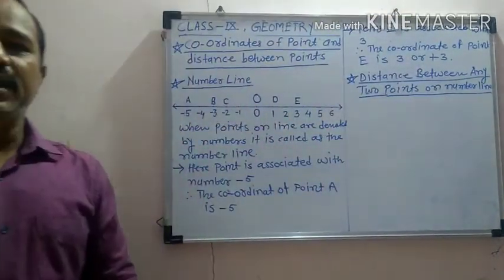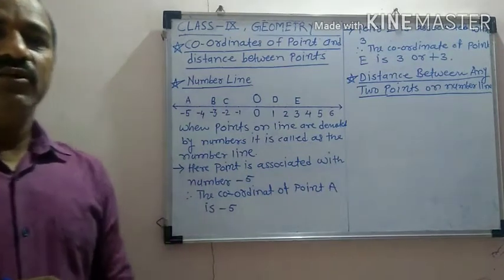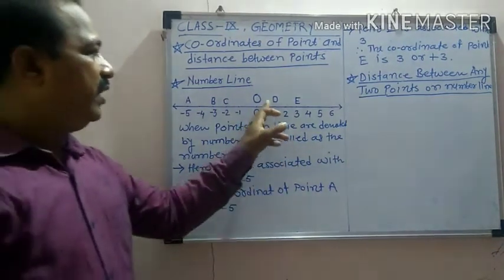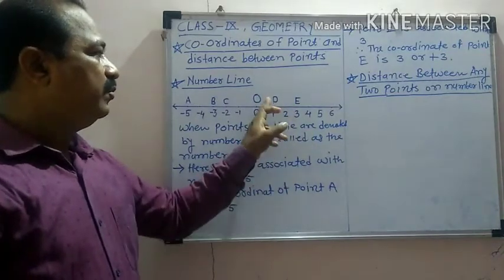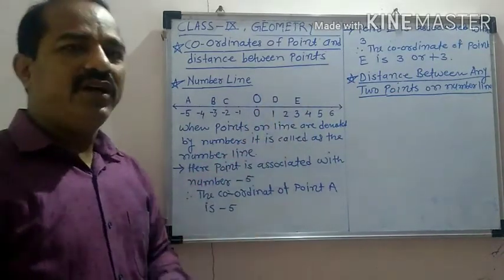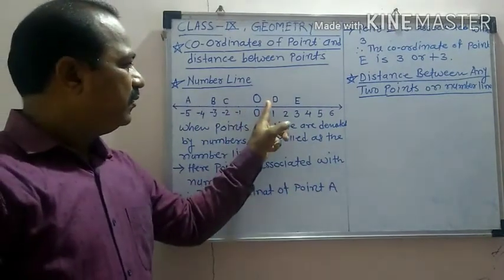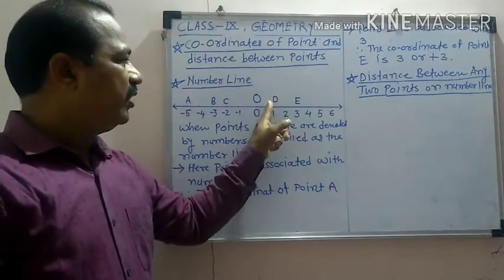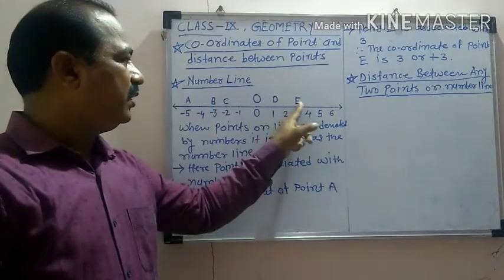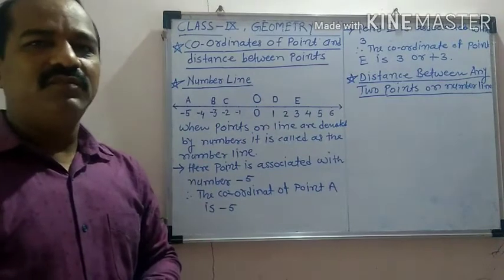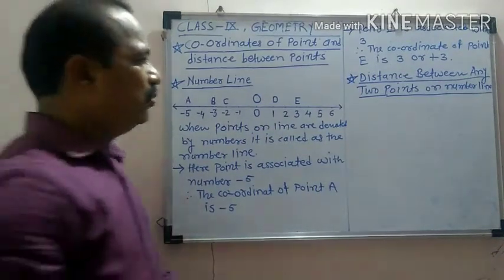One can easily find the distance between any two points on the number line. If you see here point D and point E, you have to find the distance between them. From D to E is 1 and 2 units. The distance between point D and E is 2 units.